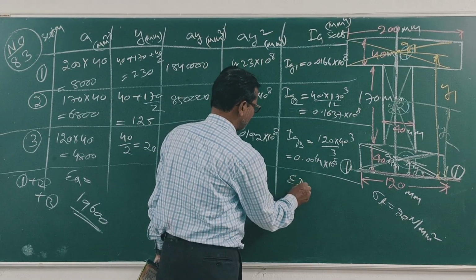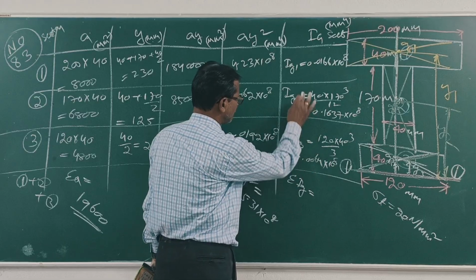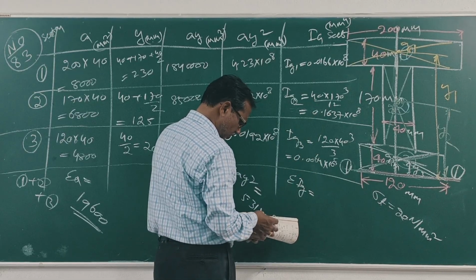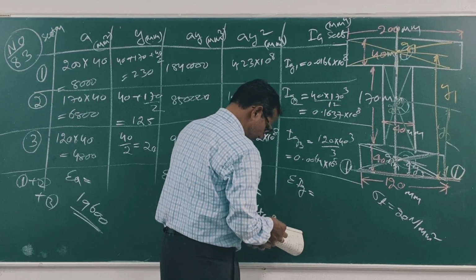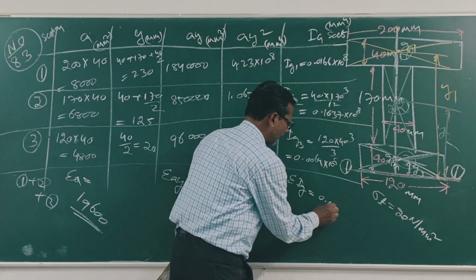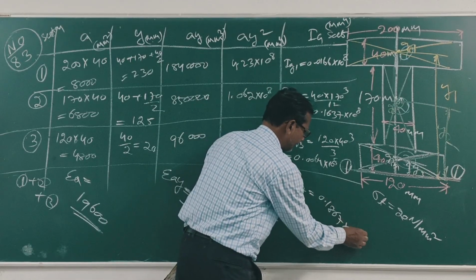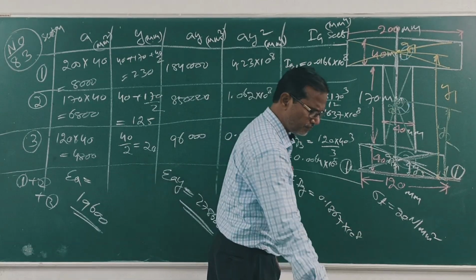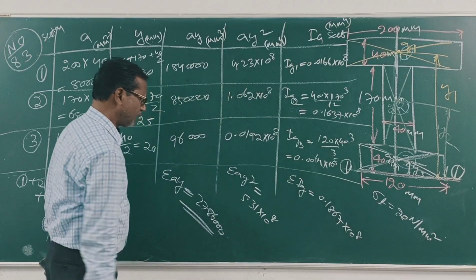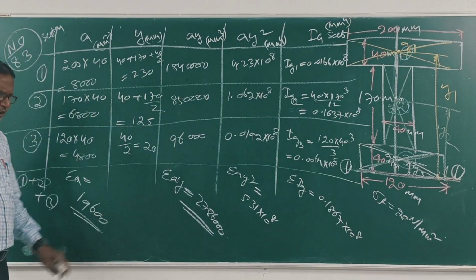Sigma Ig, this plus this plus this, is equal to 0.1867 into 10 to the power 8. Right? These answers are found out.